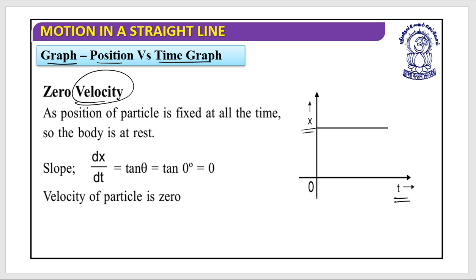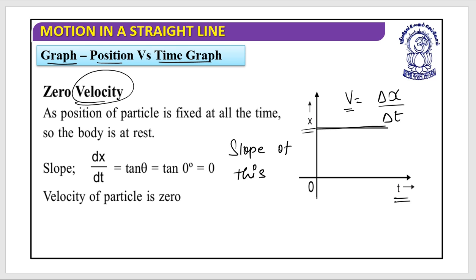I know that velocity equals delta x by delta t. So the slope of this graph is the velocity.